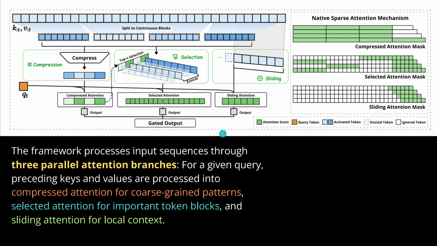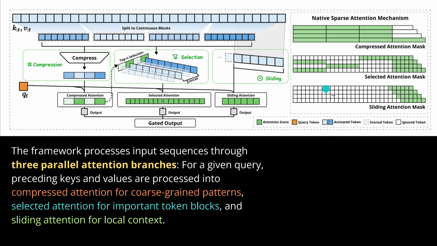But you remember what was nice in this framework: the input sequence goes through three parallel attention branches. So for a given query, preceding keys and values are processed into the compressed attention for the coarse-grained patterns, the selected attention for the important token blocks, and the sliding attention for the real localized context. And it worked out great.